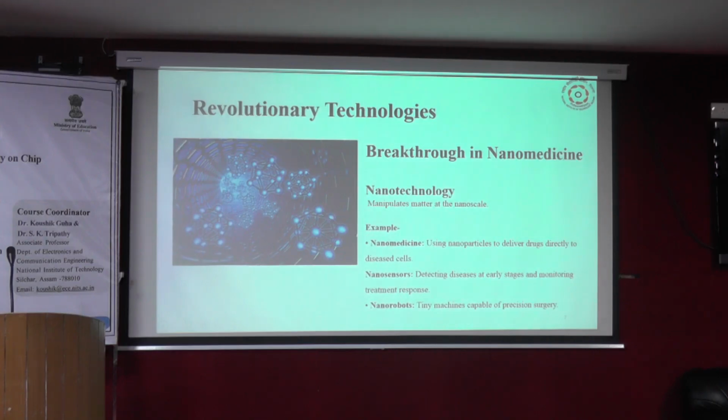I think in very advanced healthcare systems, or maybe some well-developed countries, they are using these nano robots. For surgical procedures, they can insert these into the body and it will do everything as per the instruction of the doctor.